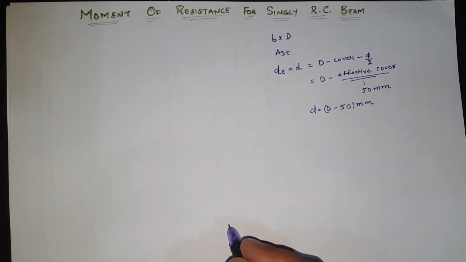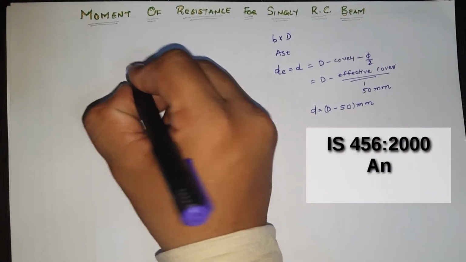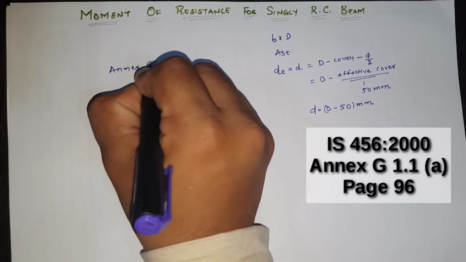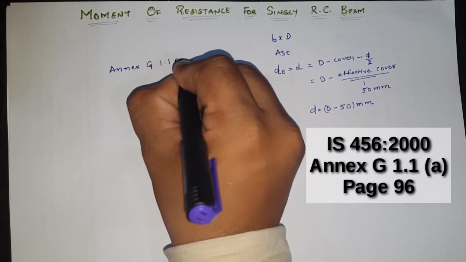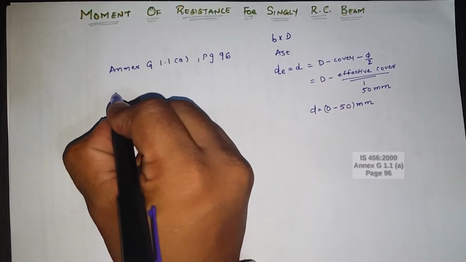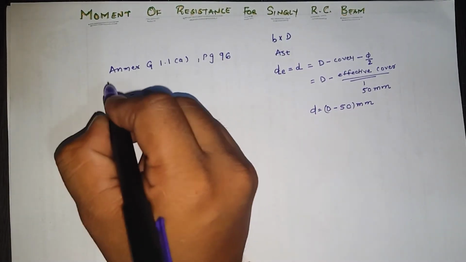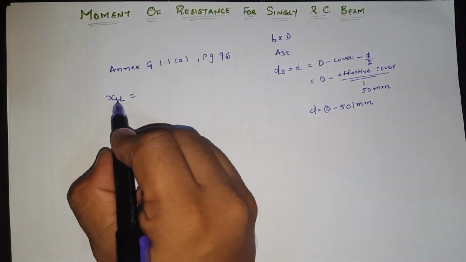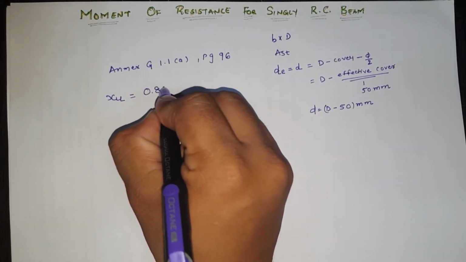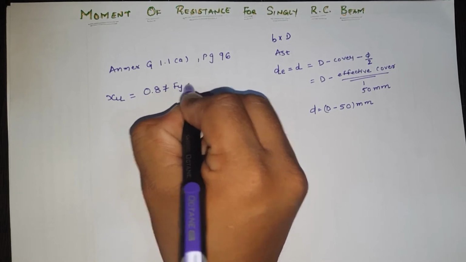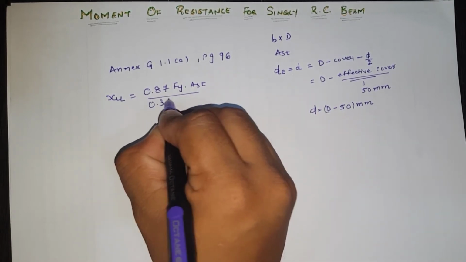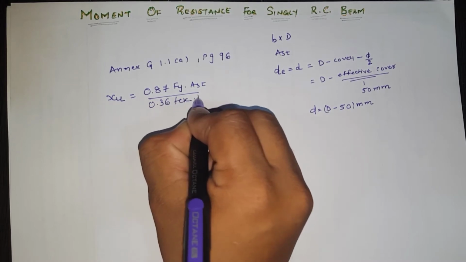Next required point is from Annex G 1.1a, page number 96, which gives the neutral axis value. The equation is xu equals 0.87 Fy Ast divided by 0.36 fck into b.